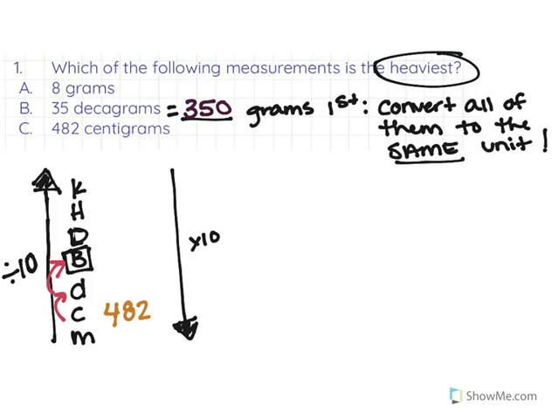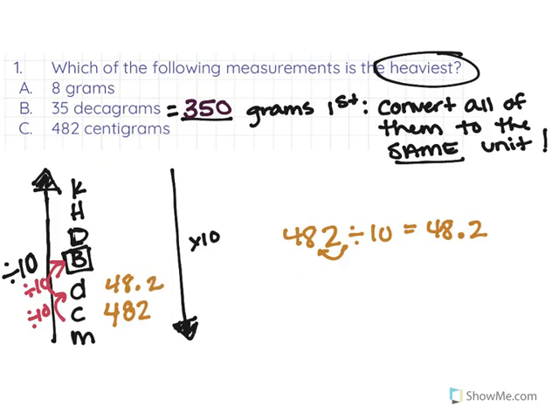I see we're going to have to shift up twice. This means we're going to have to divide by 10 two times. When I divide 482 by 10, that decimal point shifts to the left once, and that gives me 48.2 decigrams.